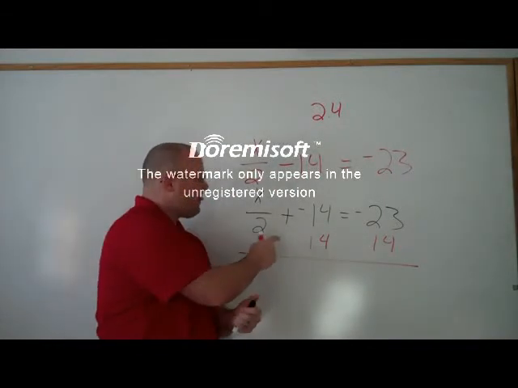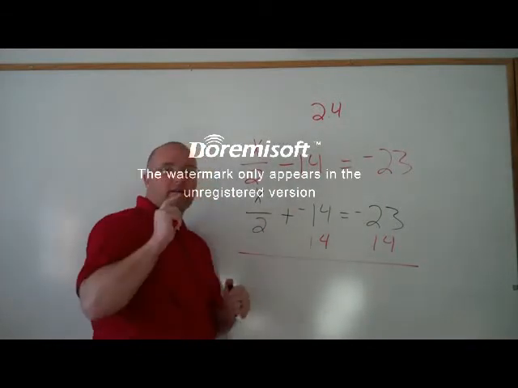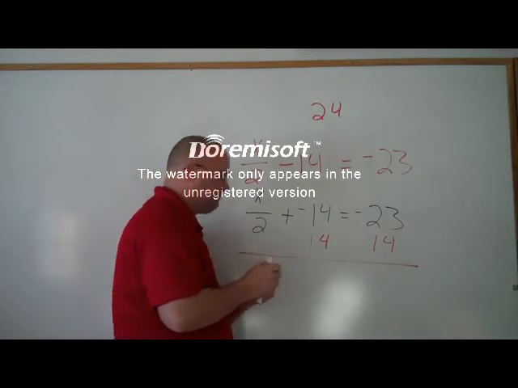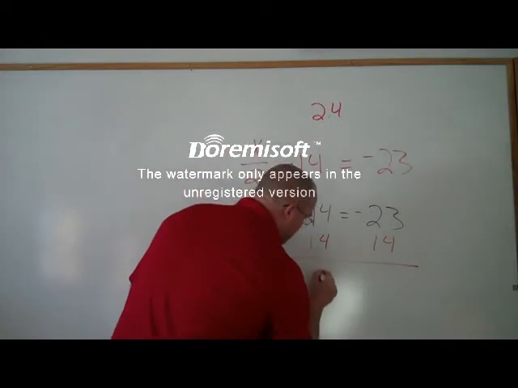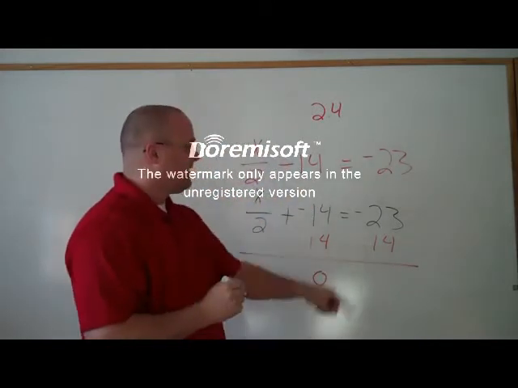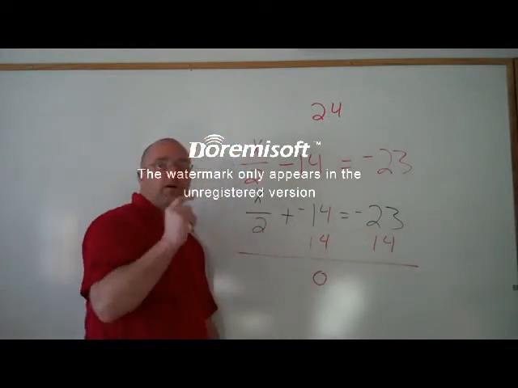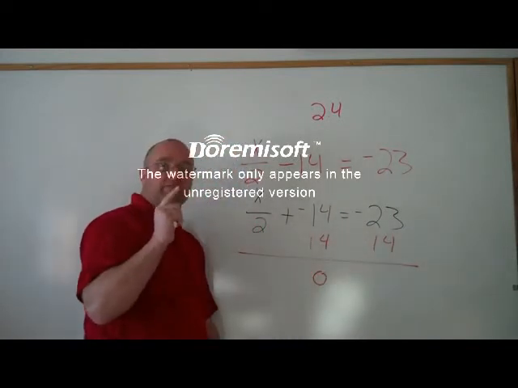Alright, now, negative 14 plus 14. Different signs, so you find the difference. The difference of those two is 0. So, 0. Negative 23 is negative, this is positive. They're different signs, so you've got to find the difference.